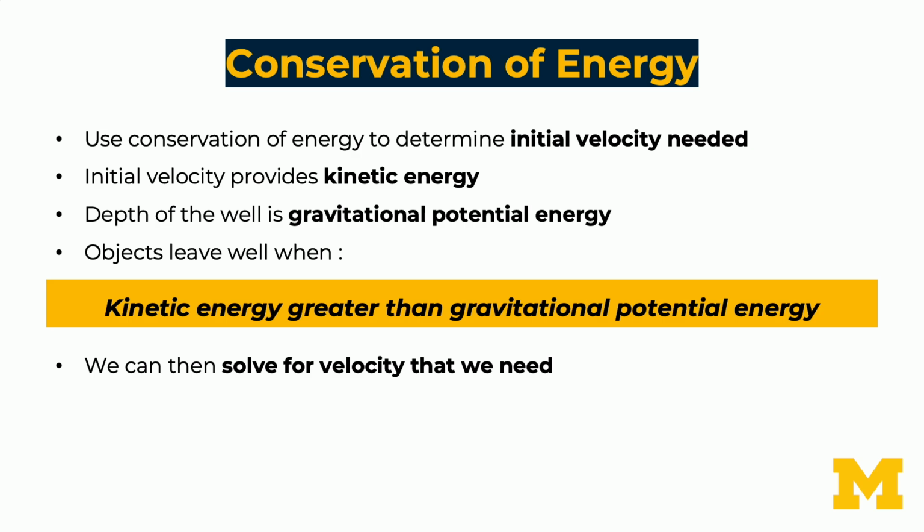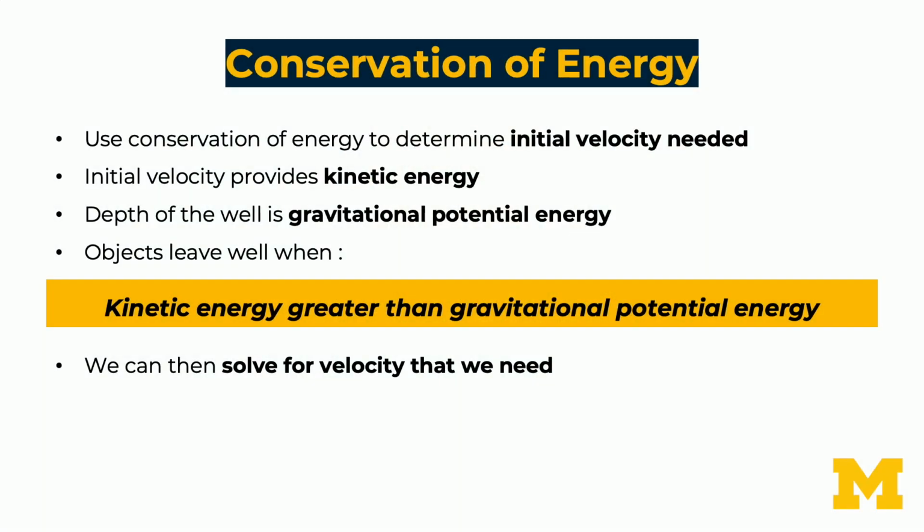And so the initial velocity of the ball is described in terms of what's called kinetic energy. And so something that is moving has kinetic energy. And then the well is providing what's called gravitational potential energy. And so the depth of that well sets the potential energy. So a very deep well has lots of potential energy.